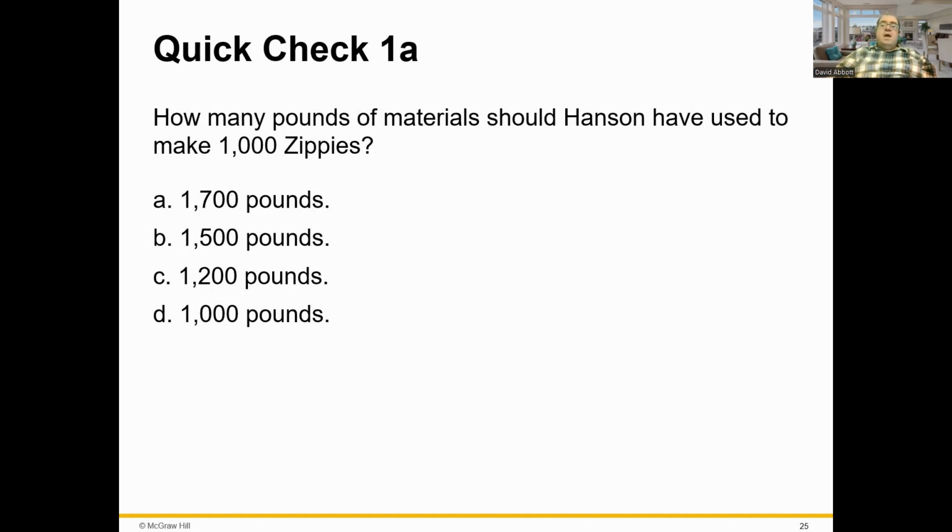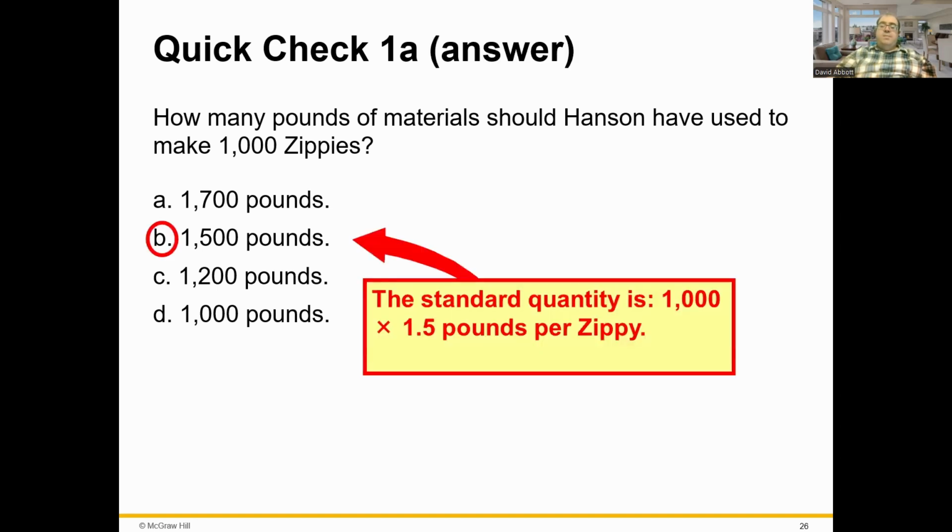So first of all, how many pounds of material should Hansen have used to make 1,000 zippies? It should have been 1,500 pounds because we made 1,000 zippies times 1.5 pounds.